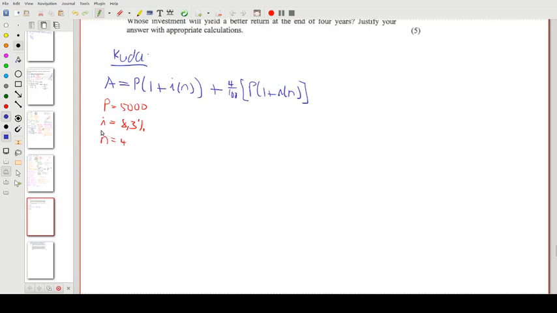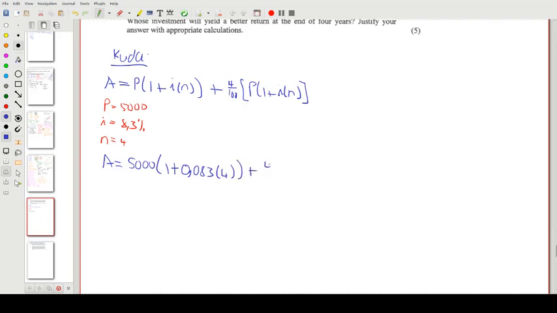So we'll have A equals P times 1 plus I, so the interest is 8.3%, which is the same as 0.083, times the number of years, which is 4.